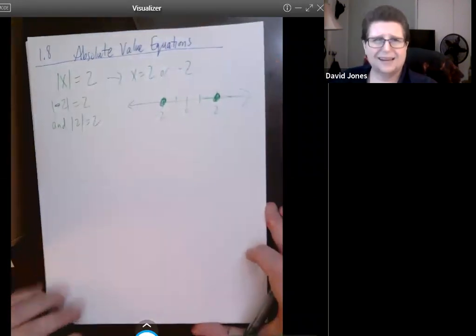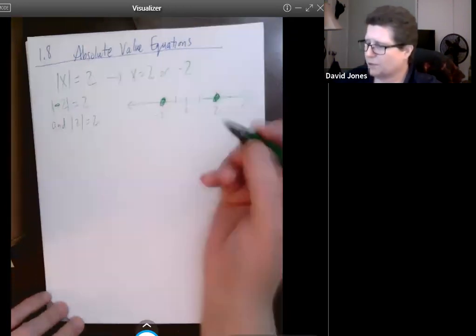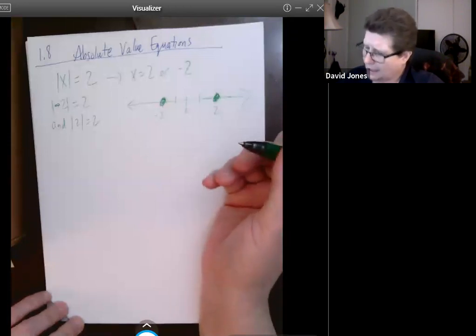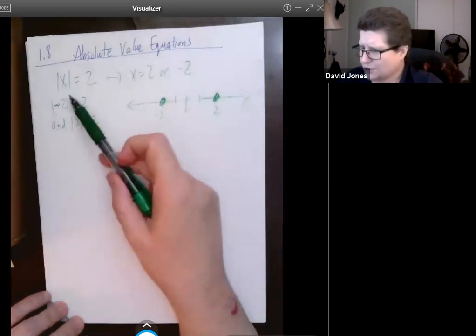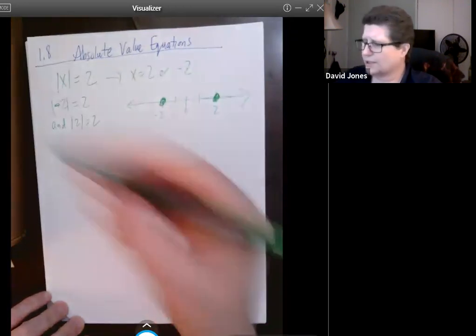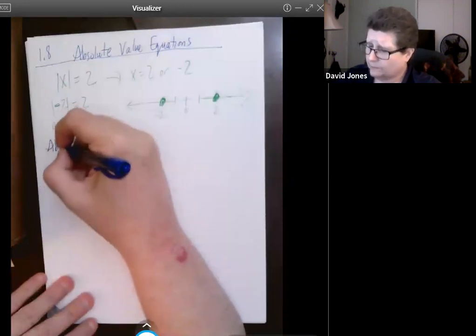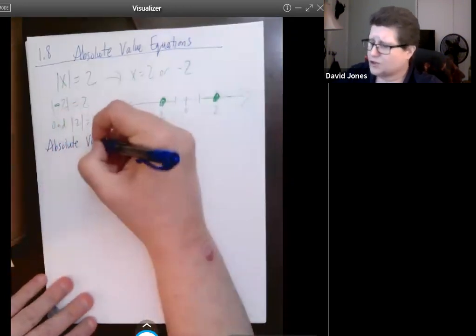Okay, those are absolute value equations. Not a big problem. They're pretty simple. You might have a different value inside, but you're still doing this. Let's look at absolute value inequalities. That's where it gets challenging. Well, more challenging, I should say.